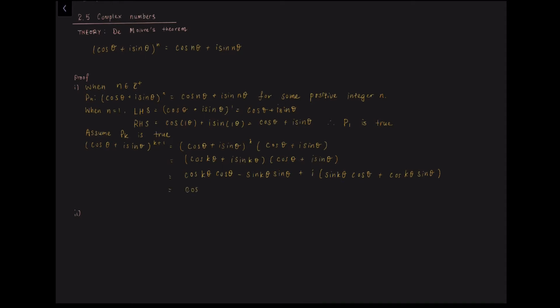And we know that the identity for this is cos (k+1) theta, and the other one is sin (k+1) theta. So we can conclude that P(k+1) is true. And since P1 is true, P2 is true, and by induction, Pn is true for all n, where n are all positive integers.